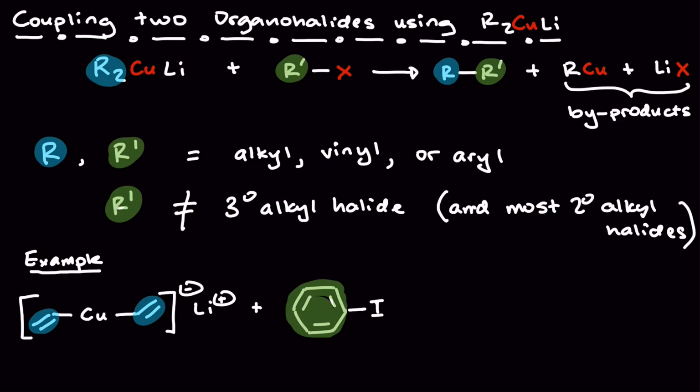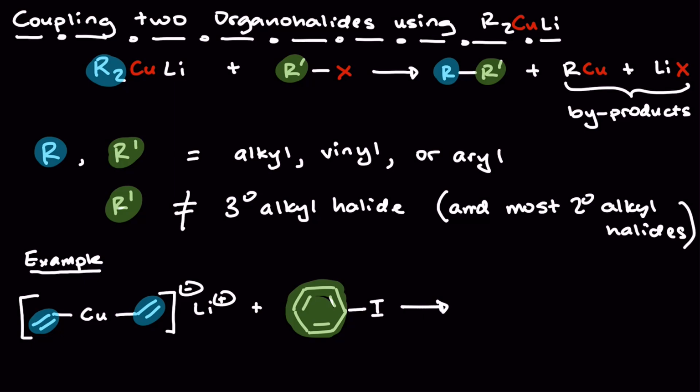and so you also really want to avoid those as much as you can. So here's an example that showcases how powerful this reaction is. Here's a lithium dialkylcuprate where the R group is an ethylene R group. And then here's an organohalide where the R group is a phenyl ring.